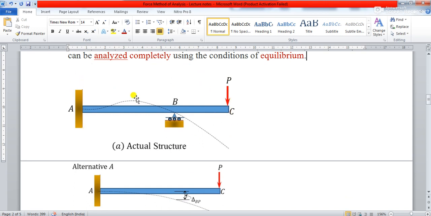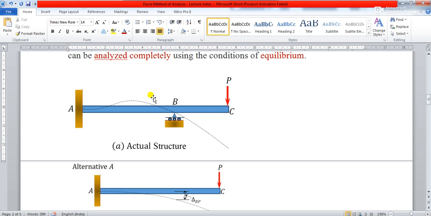Tell me, what kind of structure is this? Is it a beam or a column? Beam, sir. Absolutely correct.